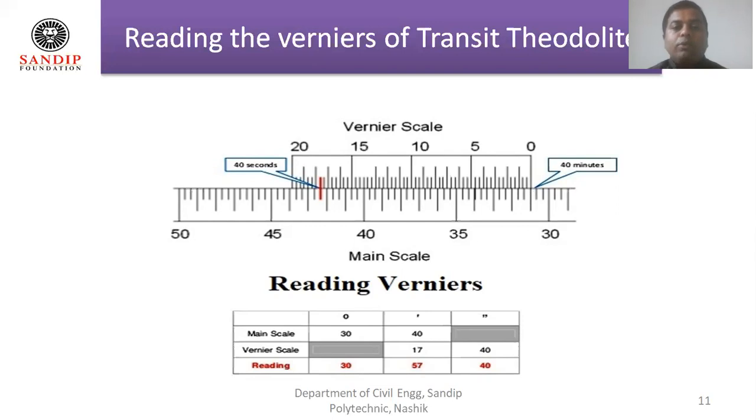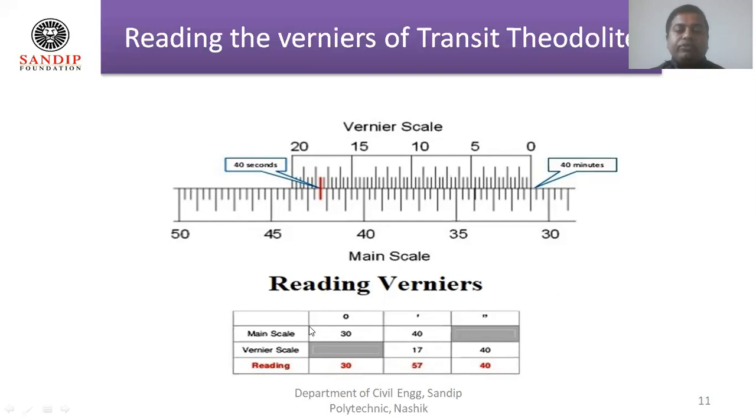What we have to observe on the vernier scale for vernier reading is that there are a number of lines on the vernier scale, and out of which one line exactly coincides with a line of main scale. You can take any line on the vernier scale which exactly coincides with a line of main scale. So that is called the vernier scale reading.